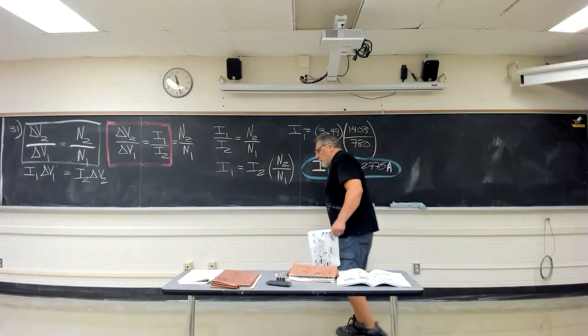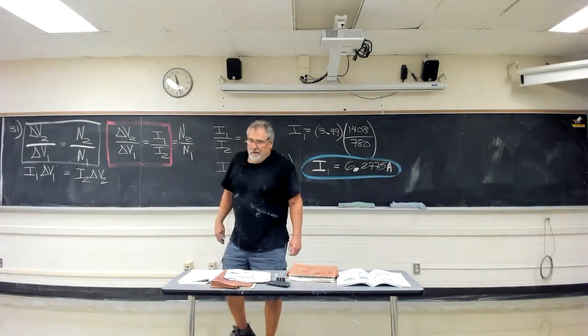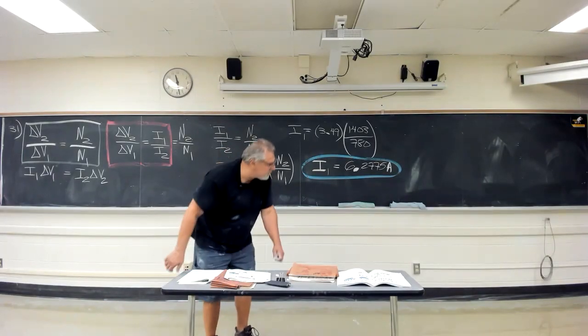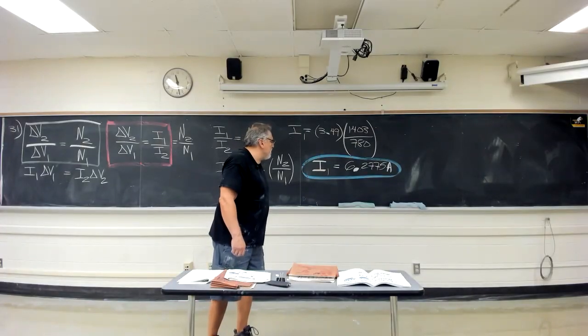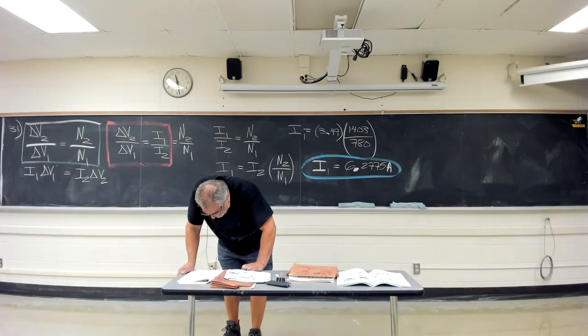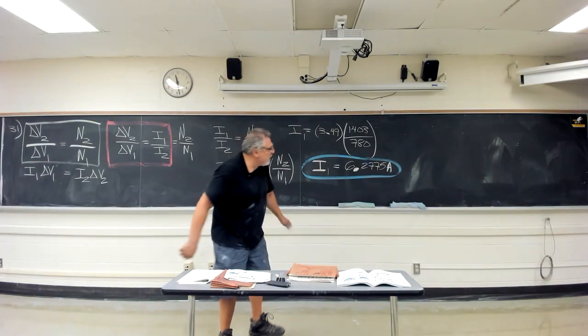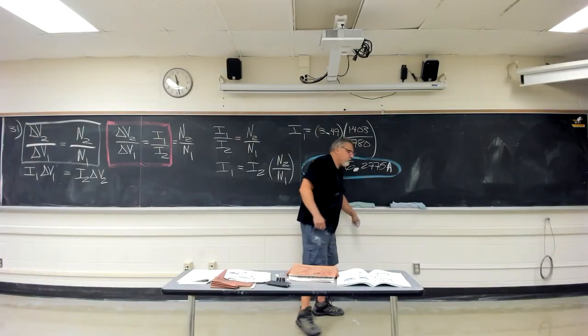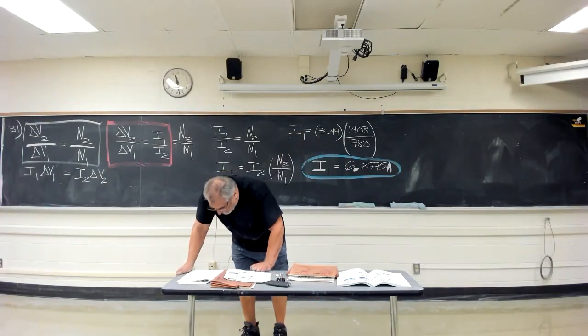We figured that the primary having fewer turns, almost half as many, is probably going to have double the current or close to it, somewhere in that neighborhood. 6.2775 amps. I got 6.28 amps here. Sounds about right to me. And that's C.